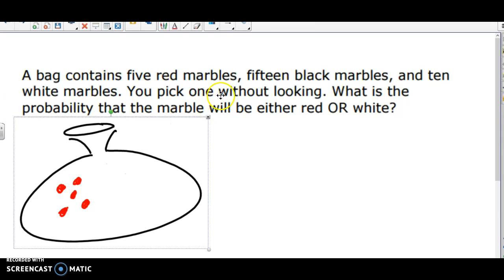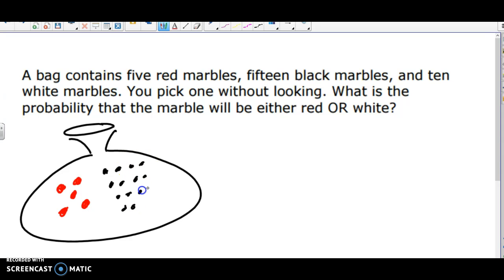1, 2, 3, 4, 5. And 10 white marbles, so we'll just do circles: 1, 2, 3, 4, 5, 6, 7, 8, 9, 10.